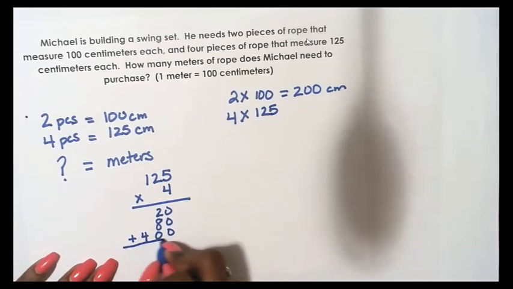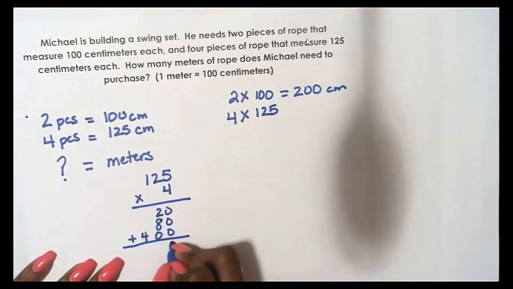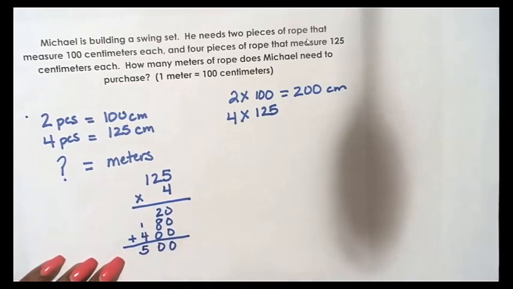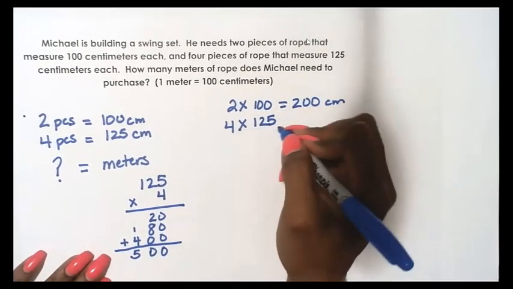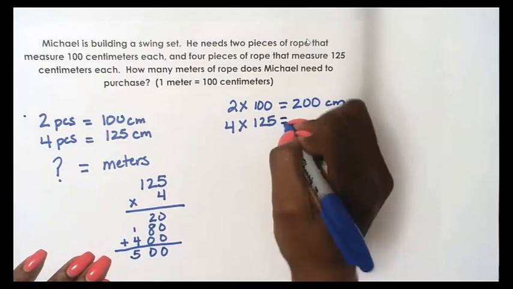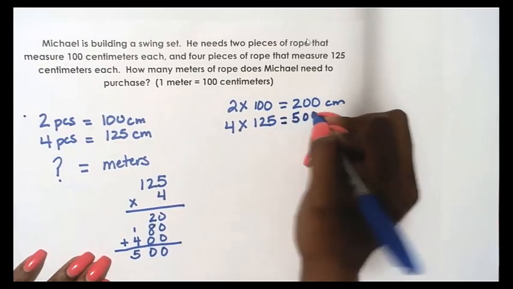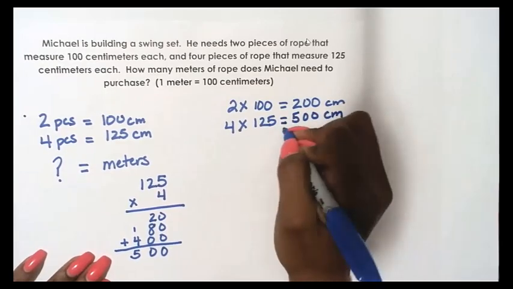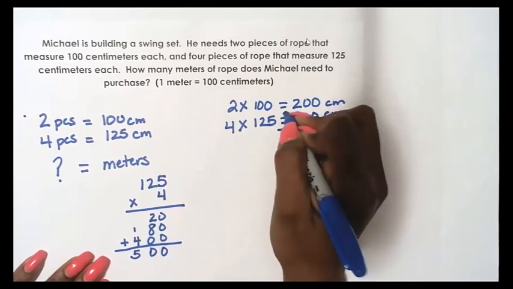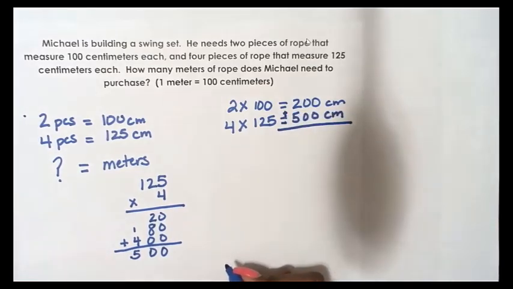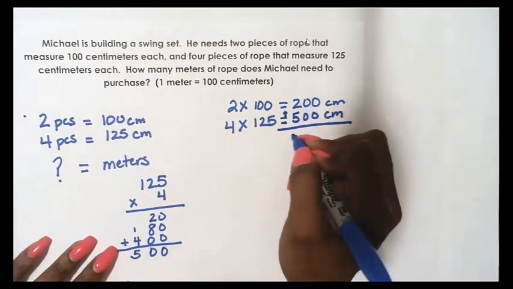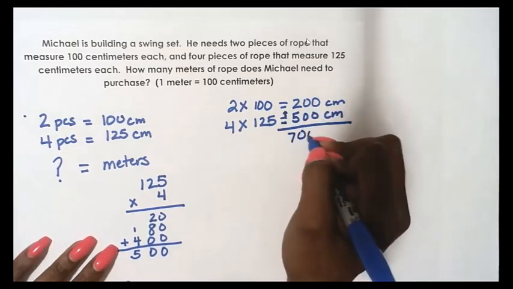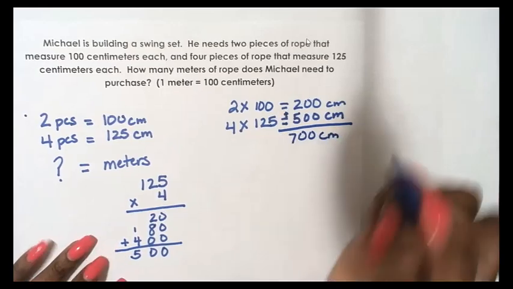Now we'll add up my partial products to get my total. 500. 4 pieces of rope at 125 centimeters each will give me a total of 500 centimeters of rope. I know I need to add these together to determine how much rope he needs in centimeters. 200 centimeters plus 500 centimeters will give me 700 centimeters.